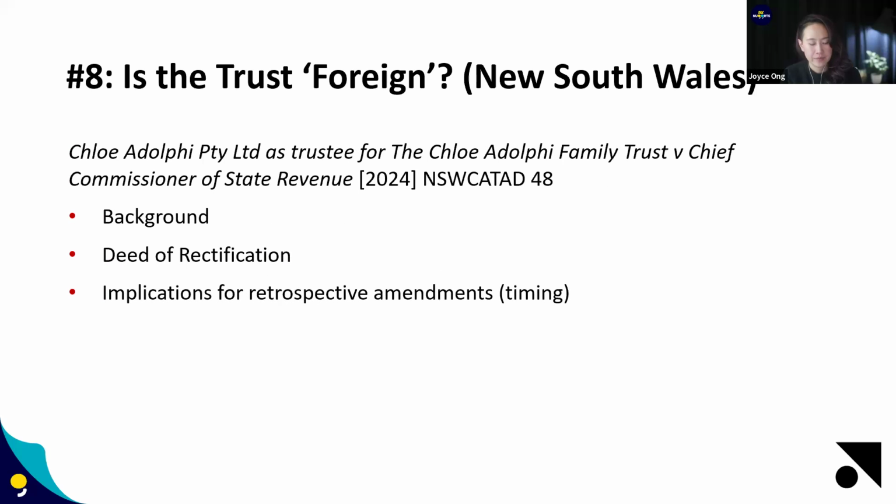And just to give a quick case of how this is applied in practice, this is a recent decision. In this case, a trust was set up in 2022. The family got a lawyer in South Australia to draft the trust deed, and the trust was buying property in New South Wales. The lawyer in South Australia did not include any restrictions on foreign persons, and they got audited.